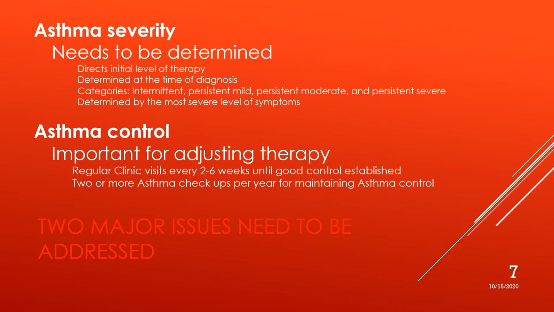And in regard to asthma severity, there are 4 different categories. One is called intermittent. The other one is called persistent mild. The third one is called persistent moderate. And the fourth one is called persistent severe. So based upon the severity of your asthma, we will classify you in this category.